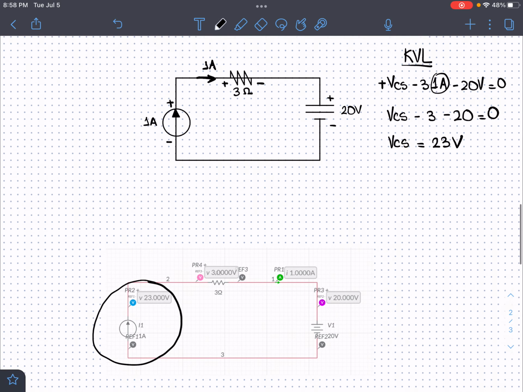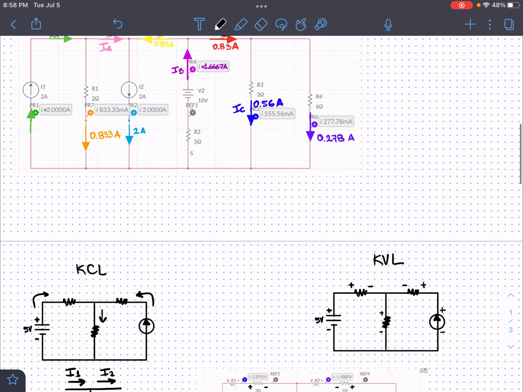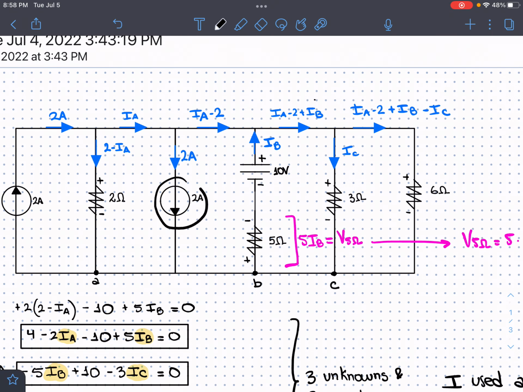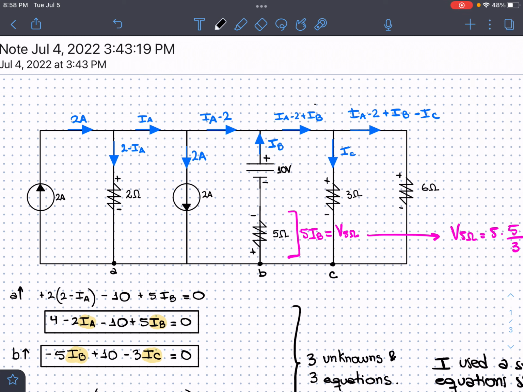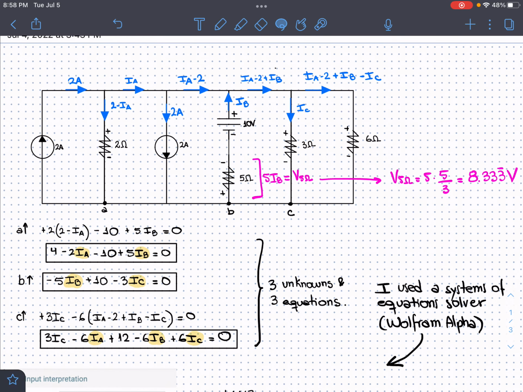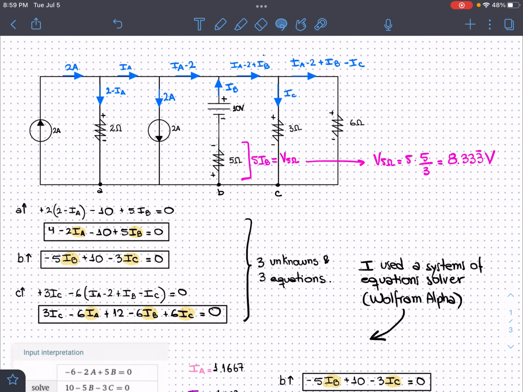So how does this apply in bigger circuits when we're trying to do Kirchhoff's voltage law? My advice, because we do not know exactly what the resistance would be over here, and so we can't use Ohm's law, which is voltage equals current times resistance, is to skip the current source, skip that part of the loop by any means that you can.